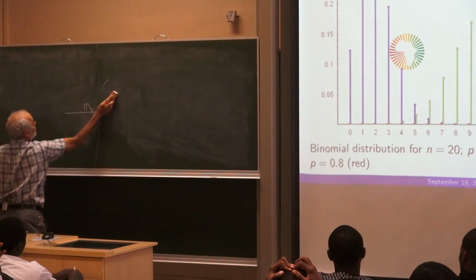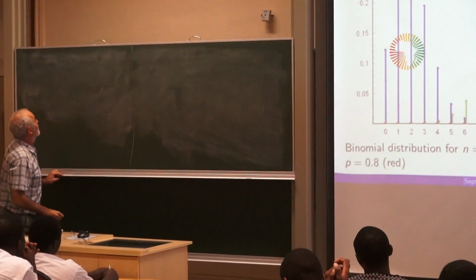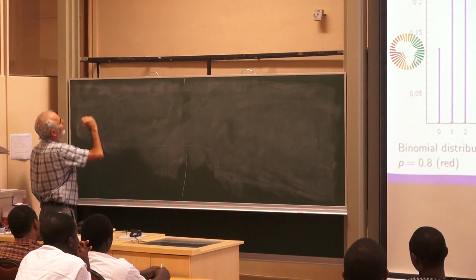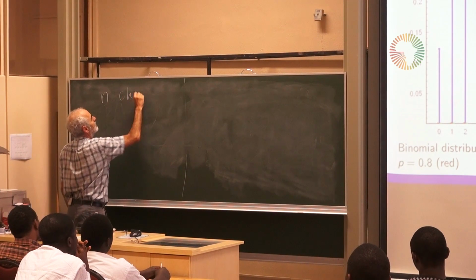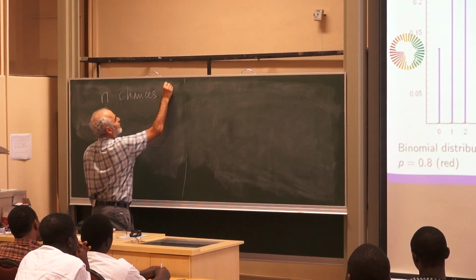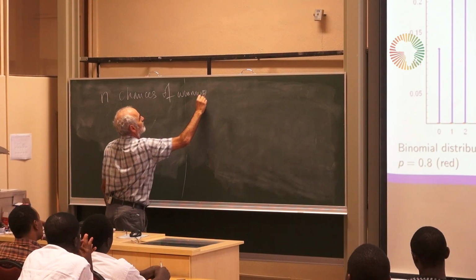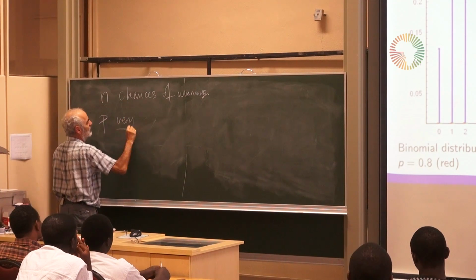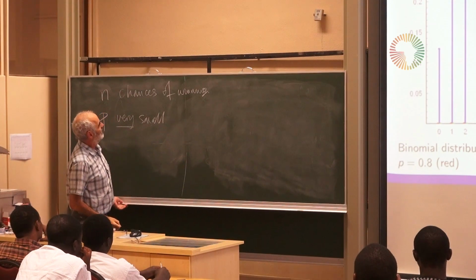So we had a lottery where we've got n chances of winning. So this sells n tickets, but P is very small.